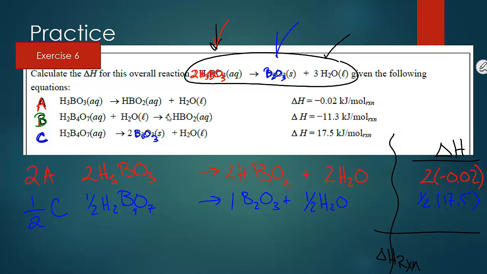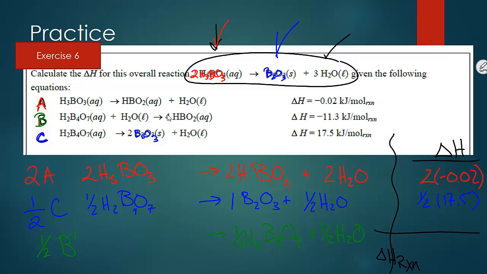So I'm going to take reaction B and I'm going to flip it, so that H2B4O7 is a product, and I need to get rid of half of it. So I'm going to take half of reaction B's inverse.